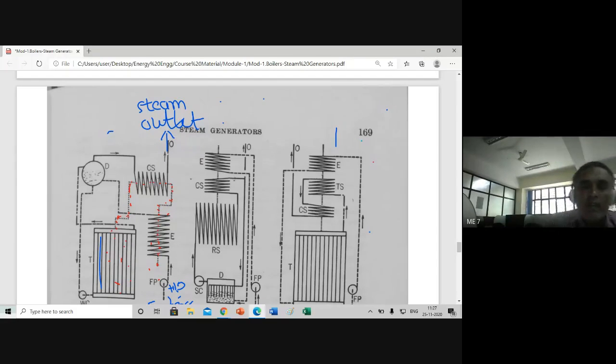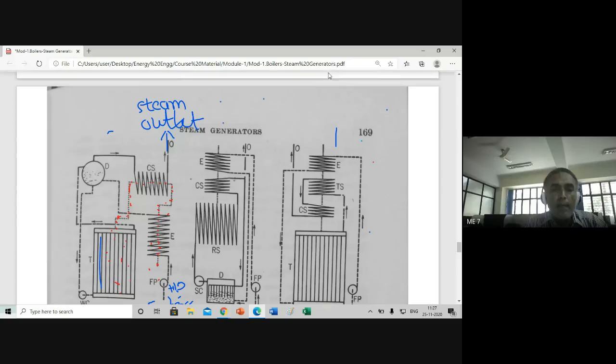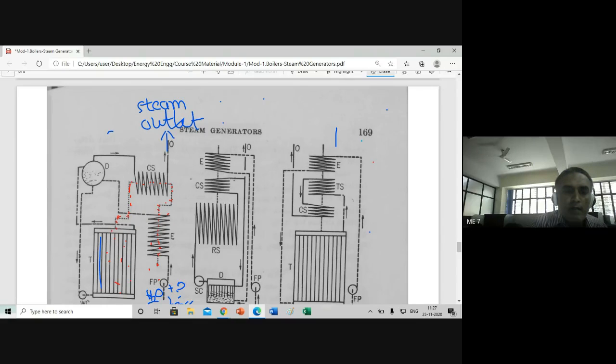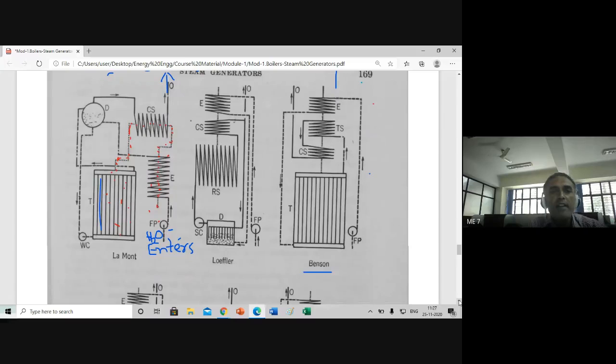Steam outlet. This is water. Water is entering there, and after converting into steam, it is going out. Now coming to this low floor boiler.